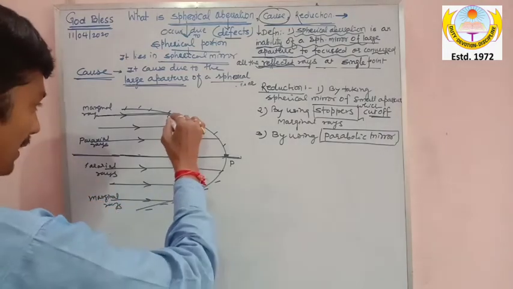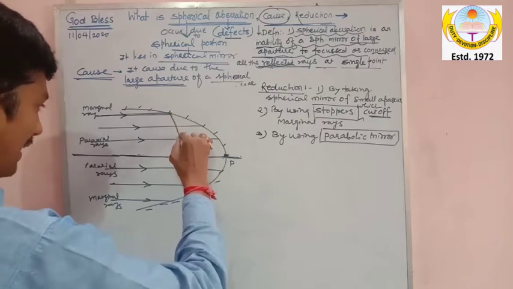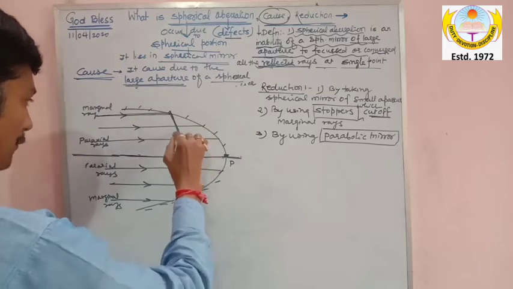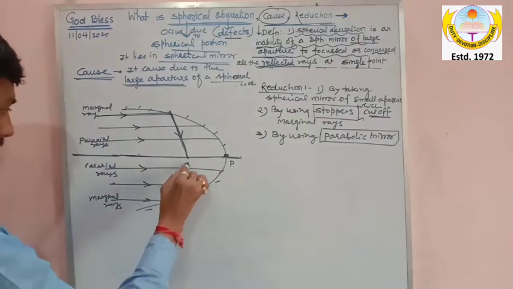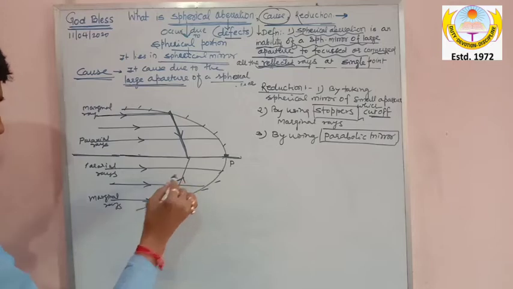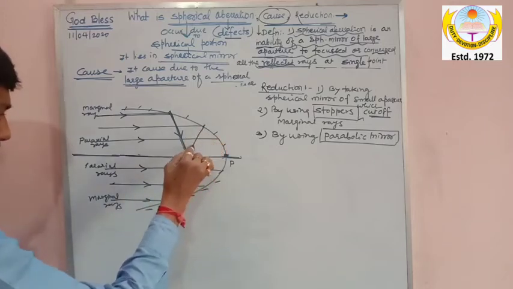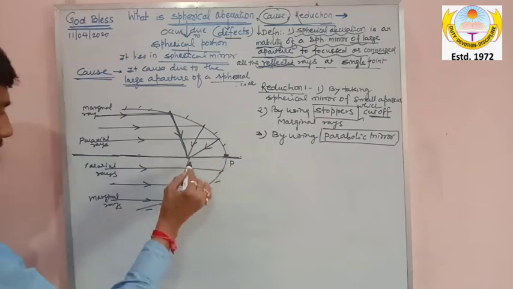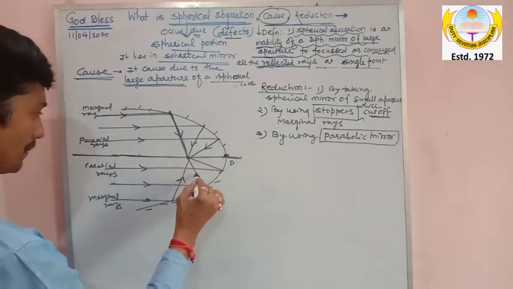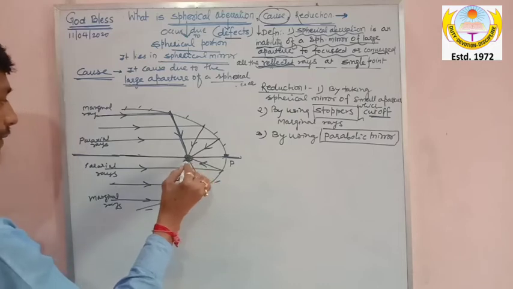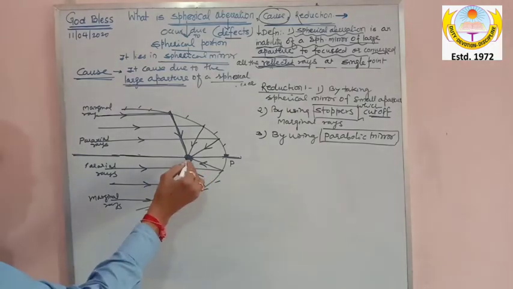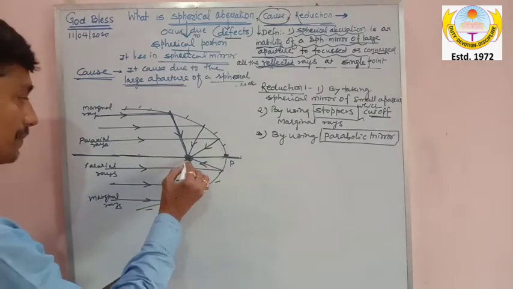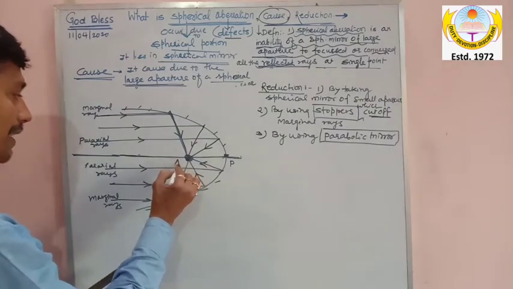But what will happen here? Here the marginal rays reflect at this point. Look at the diagram carefully. Similarly here also it reflects. All of these will reflect and converge to a single point. Say I name this A dash.